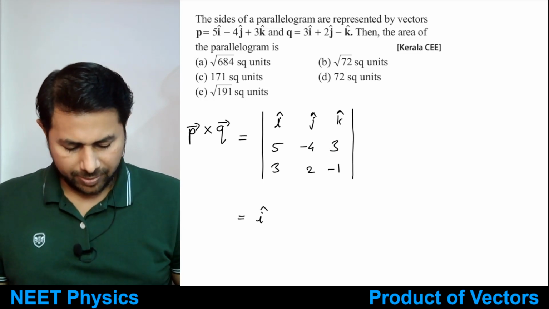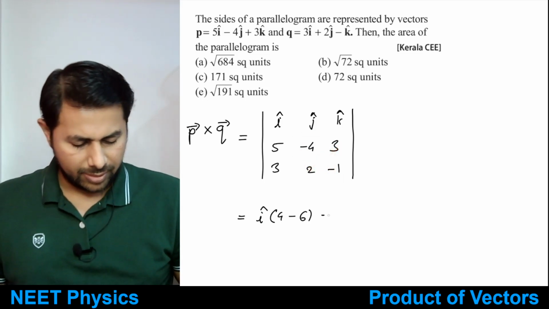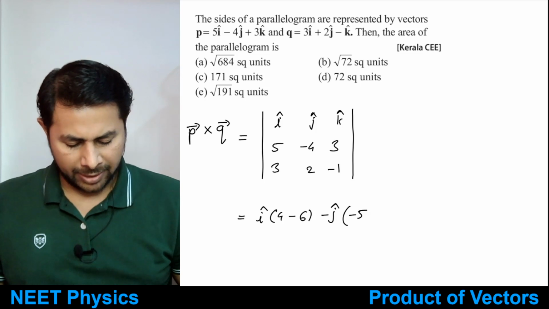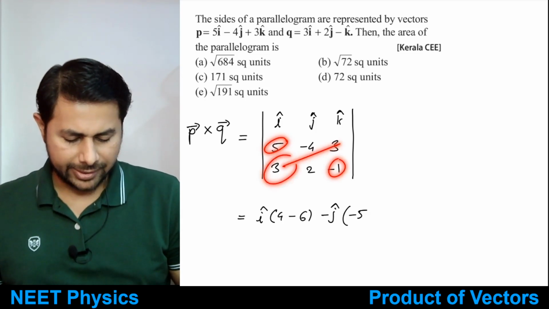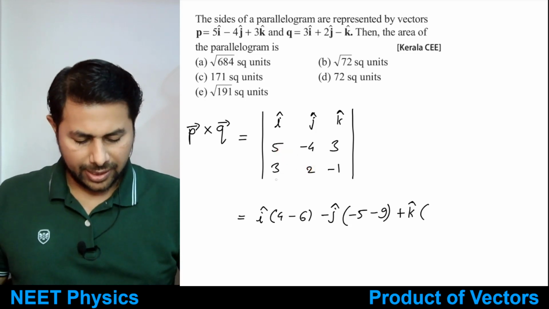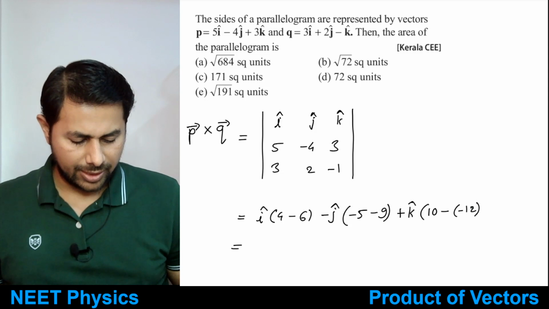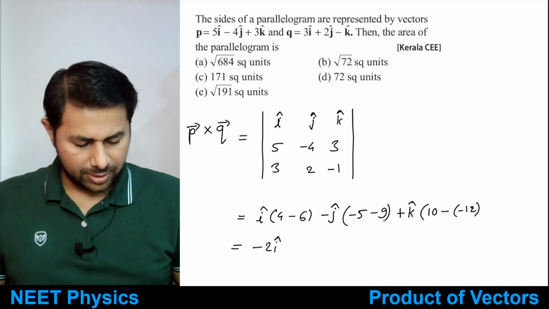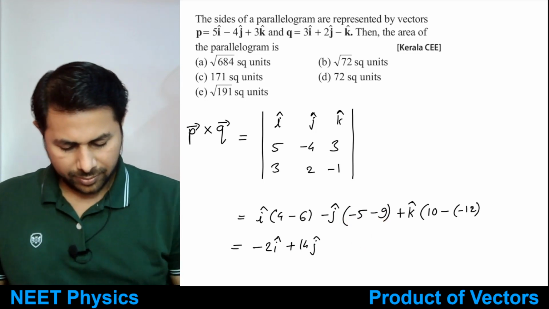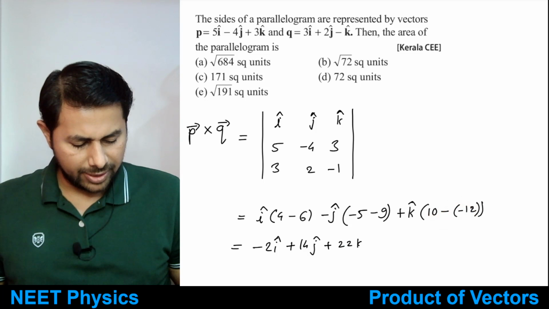So what's the answer? It's I cap multiplied by minus 4 times 1 is minus 4, minus 6, that is minus 2 I cap. Then minus j cap multiplied by 5 times minus 1 is minus 5, minus 9, so minus 14, times this negative sign gives plus 14 j cap. And then k cap multiplied by 5 times 2 is 10, minus 12, so minus 12 becomes plus, 12 plus 10 is 22, so plus 22 k cap.